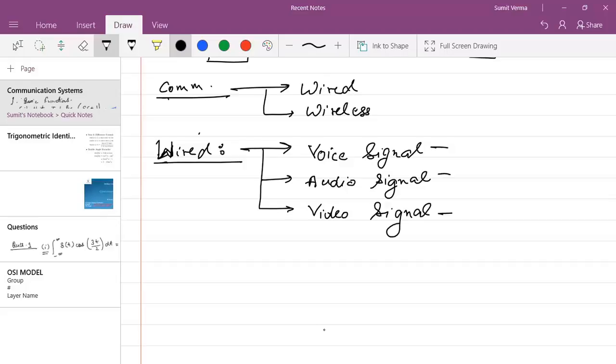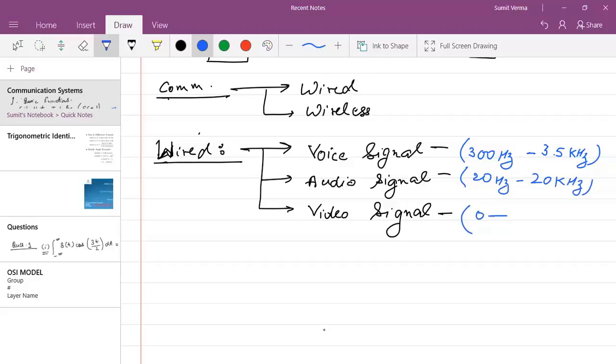The frequency range for these: voice signal ranges from 300 Hz to 3.5 kHz. Audio signal, as you all know, is 20 Hz to 20 kHz. Video signal has a wide bandwidth, 0 to 4.5 MHz. These are the three types of signals that we like to transmit using our communication system.